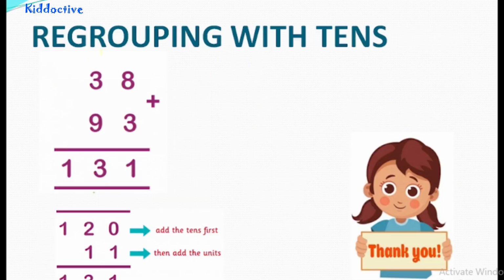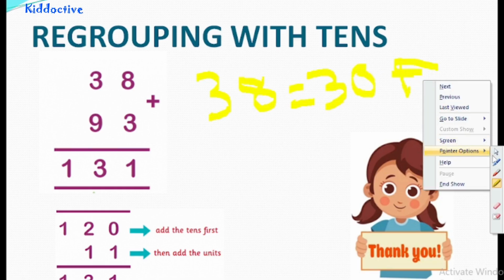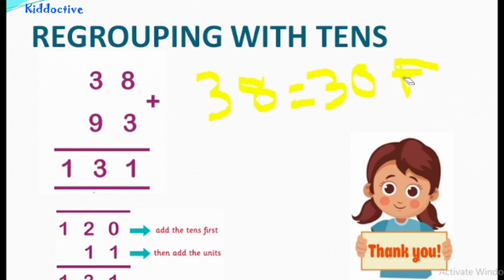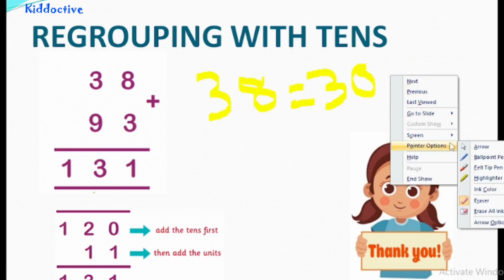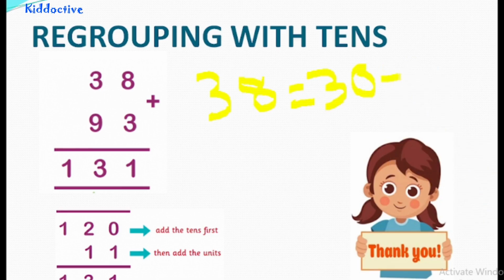Now the column addition, but with regrouping with tens. Like here it's written 38 plus 93. So how are we going to do it? 38 means 30 plus 8.